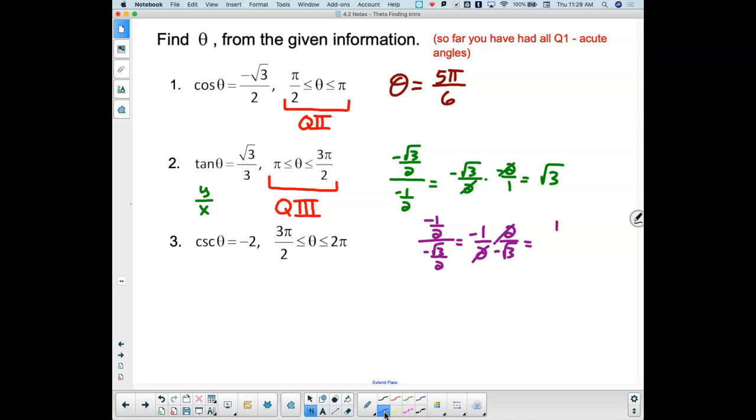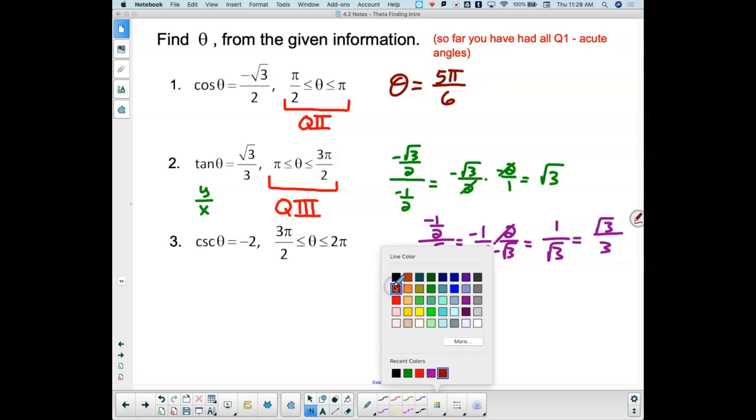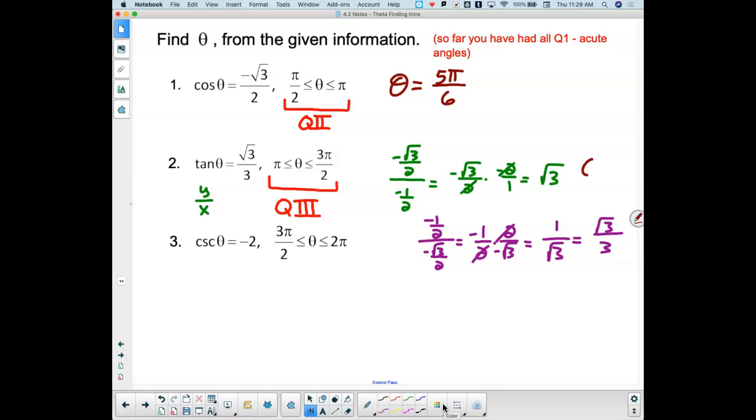Going to be 1 over the square root of 3, which simplifies to root 3 over 3. So therefore it is 7 pi over 6. Agree?